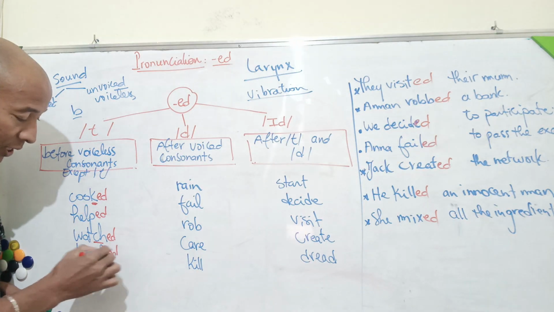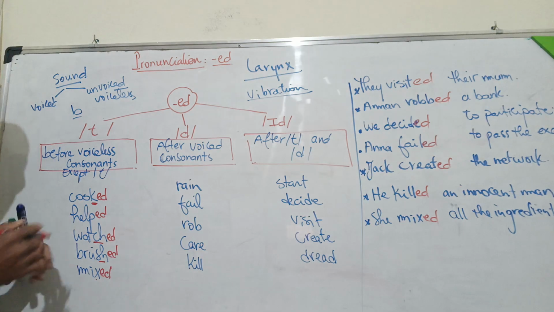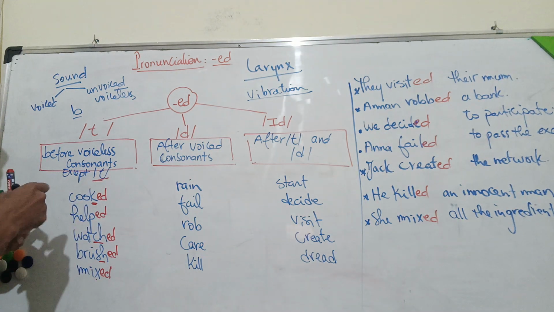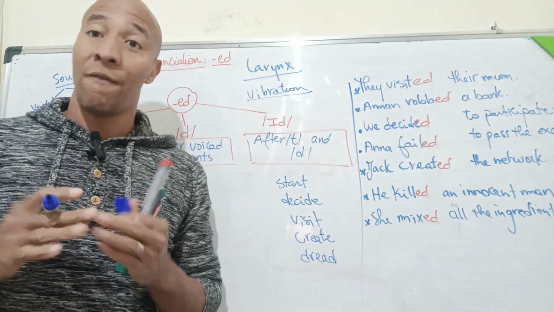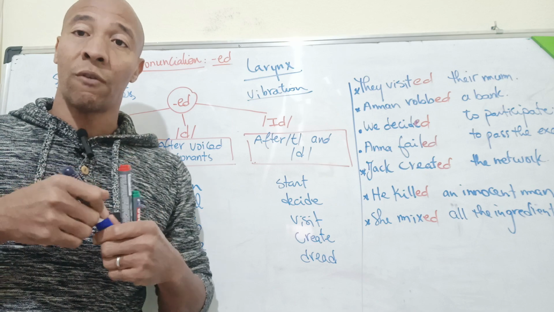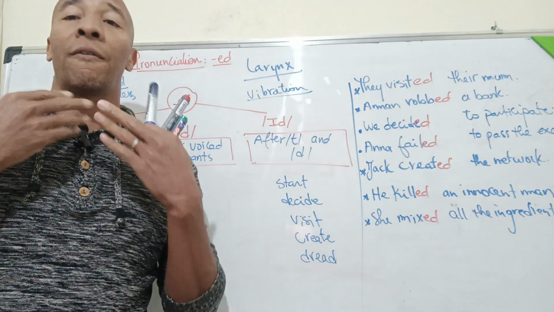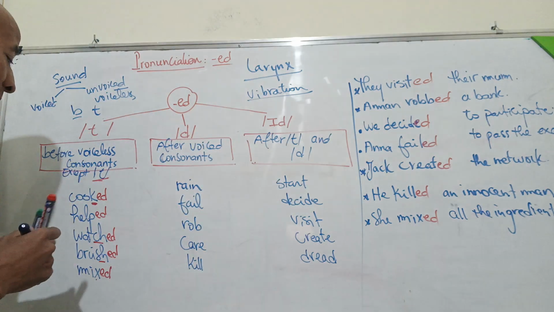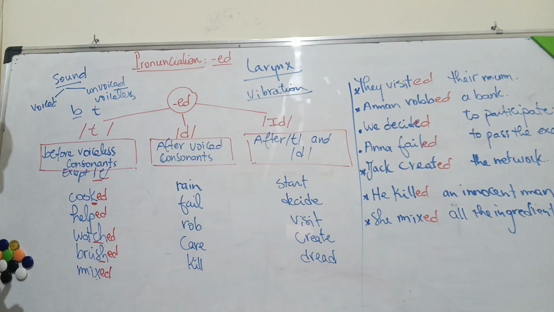Brush, brushed. Mix, mixed. But for the sound t, it is voiced. If you place your finger against the larynx and you pronounce t, you're going to feel some vibration. So this is a voiced sound, and this is an exception for this rule.